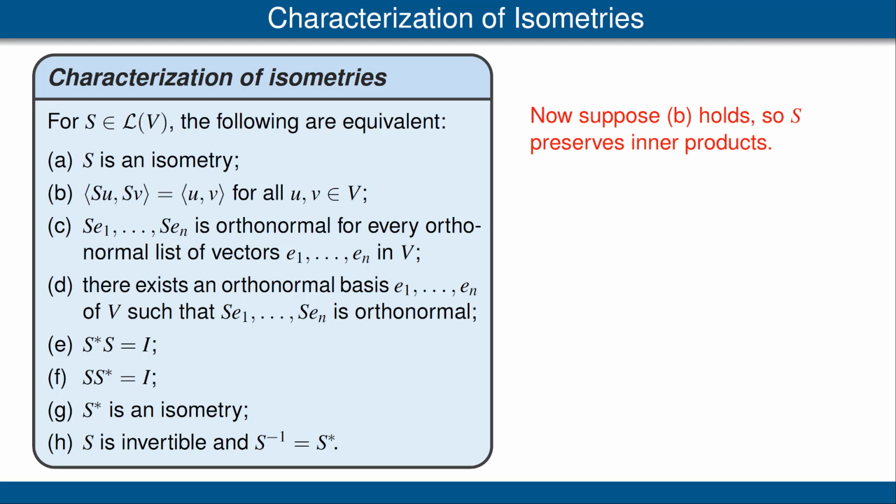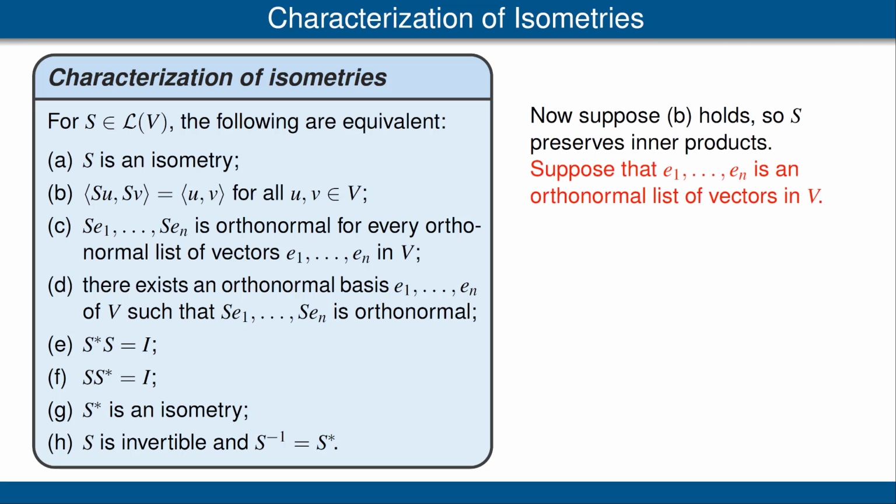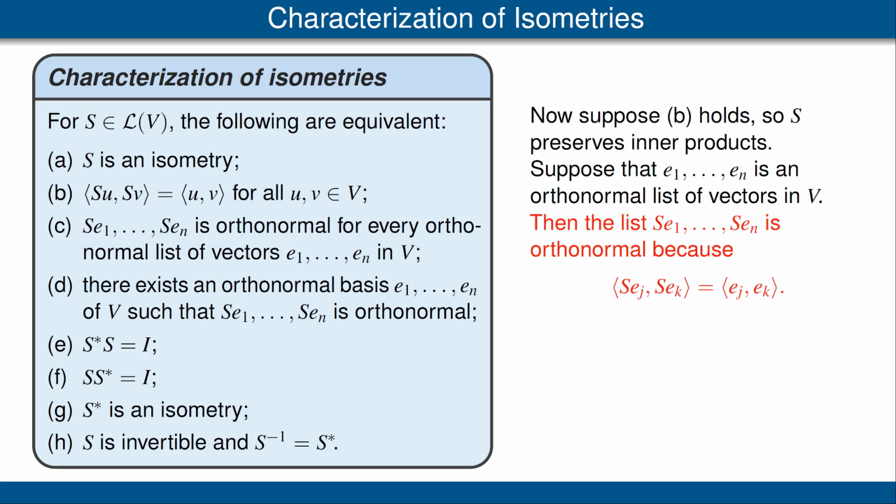So now suppose that B holds, meaning that S preserves inner products. We need to prove C. To do that, suppose E1 through En is an orthonormal list of vectors in V. Then the list S of E1 up to S of En is also orthonormal, because one determines orthonormality by looking at S of Ej, inner product S of Ek.